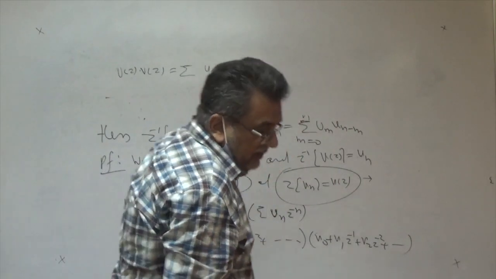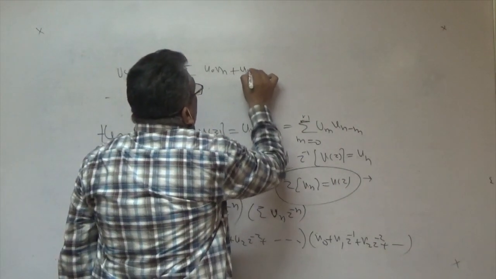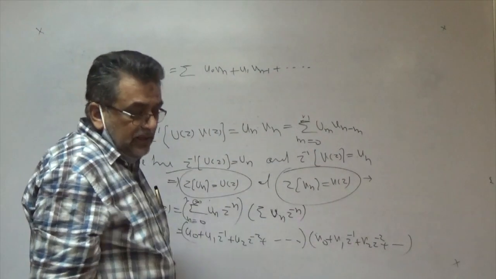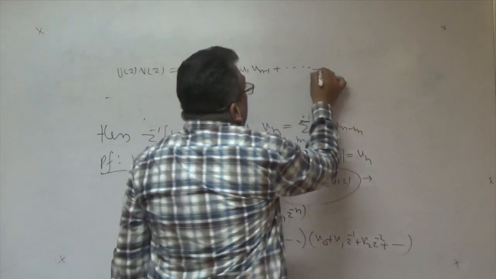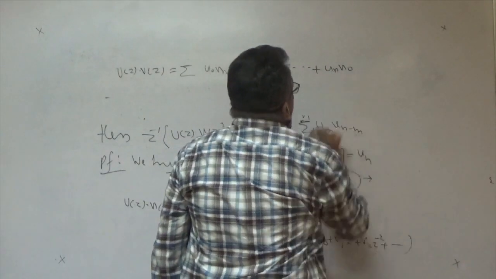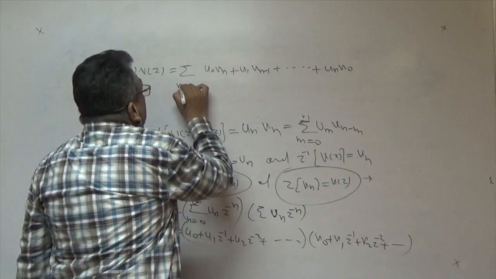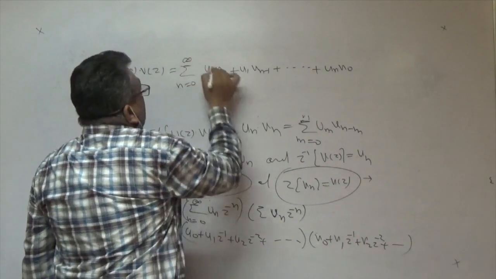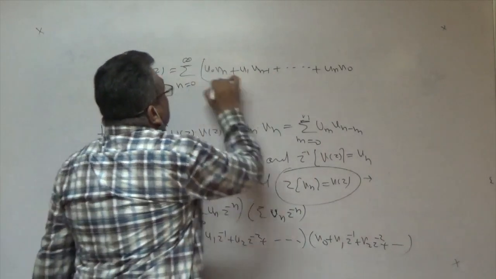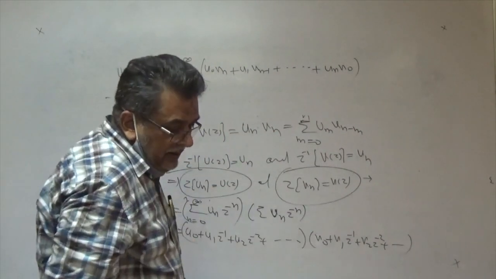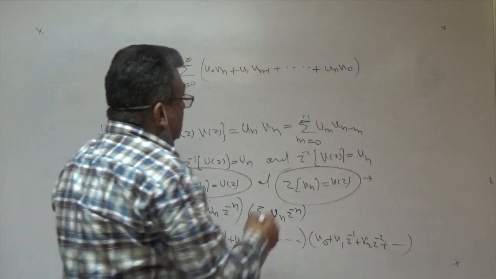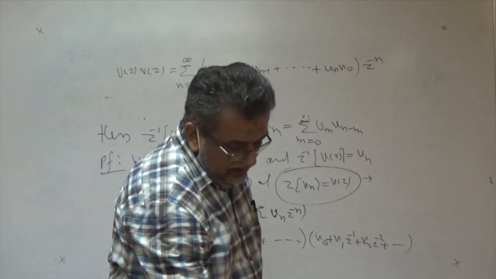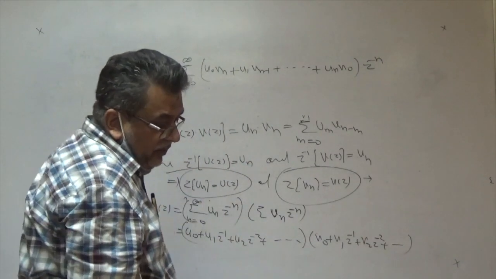Plus u1 v_(n minus 1) and so on. Take this series. Finally you get u_n and v0, where n varies from 0 to infinity. After multiplication we get this, multiplied by the z to the power minus n term. And what is this?